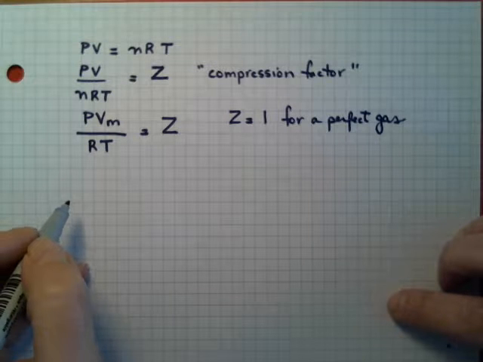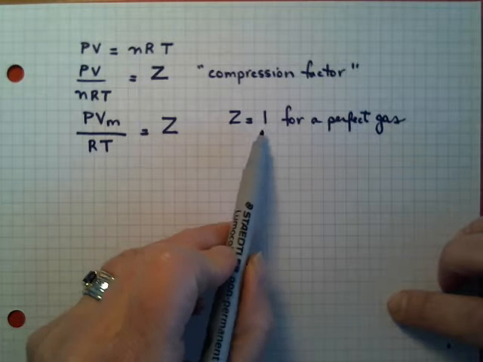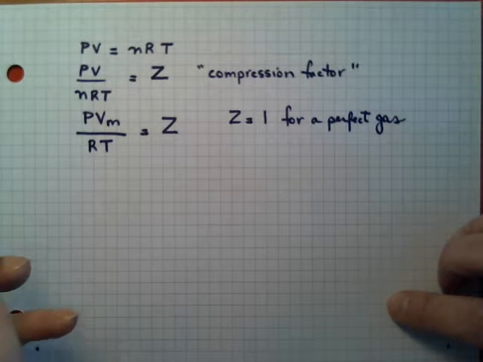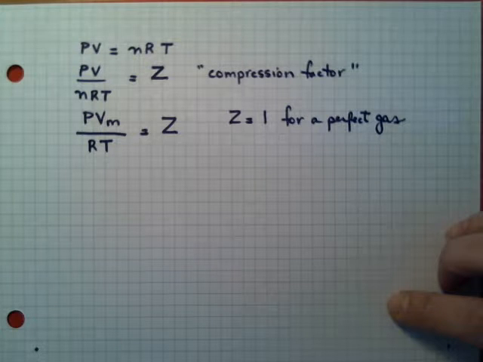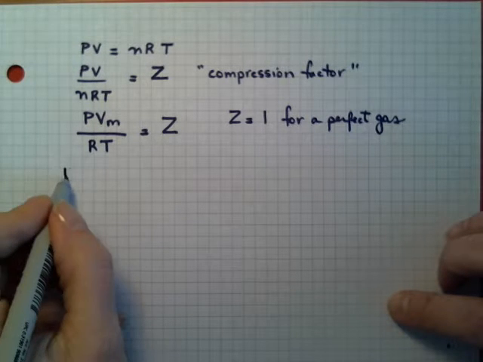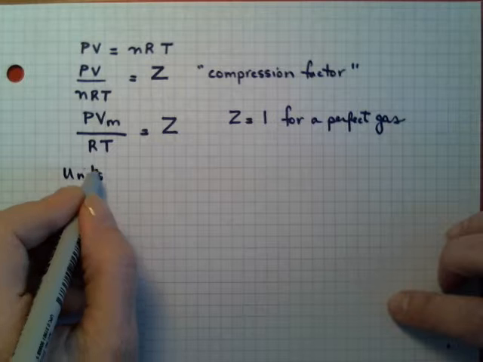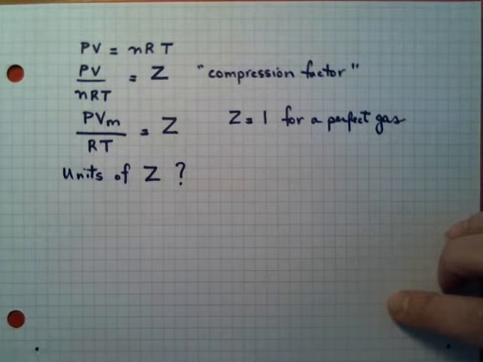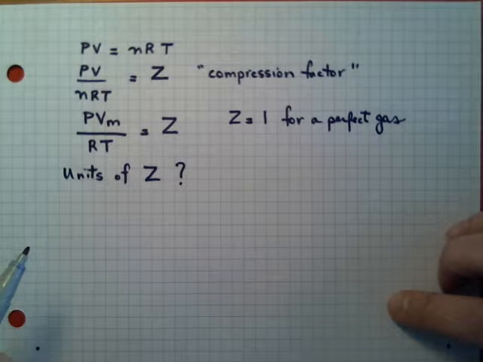All right, so for a real gas, where we're going with this is that Z might not be equal to 1. It could be a little bit greater or it could be a little less. And first of all, I want you to consider what are the units of the compression factor Z? Does it have any units?